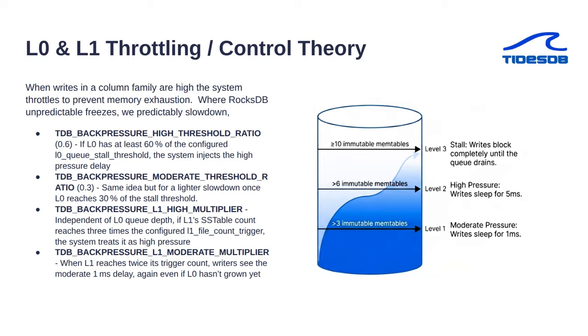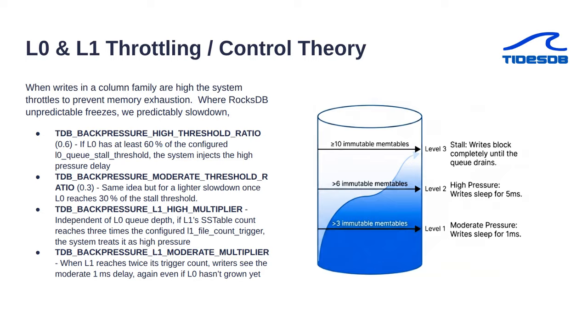But the system will check how many immutables are in the queue at a certain time and start to apply pressure, millisecond pressure, to allow the immutable memtables to flush. It's going to keep doing that. If it reaches an emergency where there are more than 10 immutable memtables inside of the queue, it's going to really hit the brakes and wait for the immutables to flush, to not cause absolute memory exhaustion.